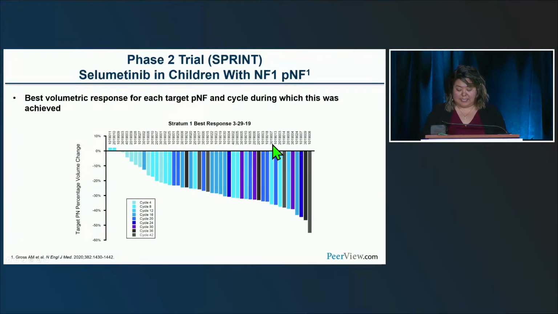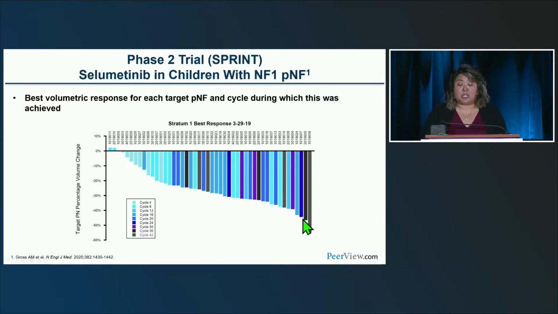Referring back to that 68% response, this is a wonderful waterfall plot that's showing for each patient that received the selumetinib. You can see stability in the majority of these patients, as well as even significant volume change with treatment.